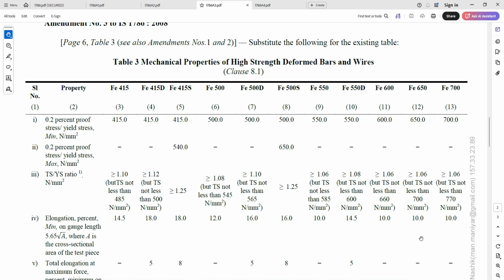then why go with Fe550D or Fe550, particularly if I talk of Mumbai? Mumbai is a moderate seismic zone. So naturally now the focus is on the price. Now the price difference, the premium of Fe550D as compared to Fe550, is somewhere around 750 rupees a ton to 1500 rupees a ton.